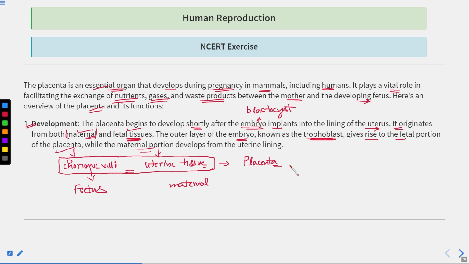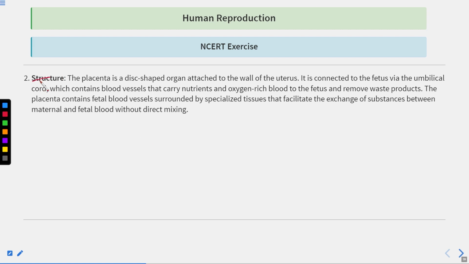Okay, this is clear. Now, what is the structure? The placenta is a disc-shaped structure attached to the wall of the uterus. It is connected to the fetus via the umbilical cord. All right, clear?